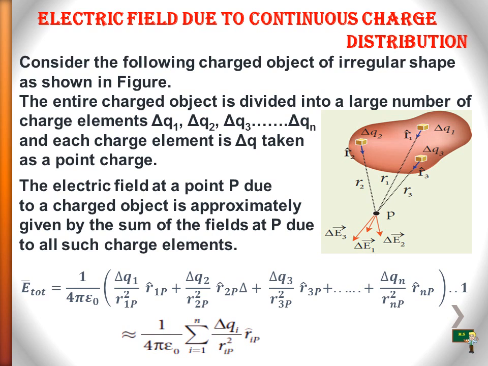Using this long expression, we cannot get to the answers. So we condense this long expression into a summation. In the summation we put 1 by 4 pi epsilon 0, summation from i equal to 1 to n, del qi divided by riP square into r cap iP.